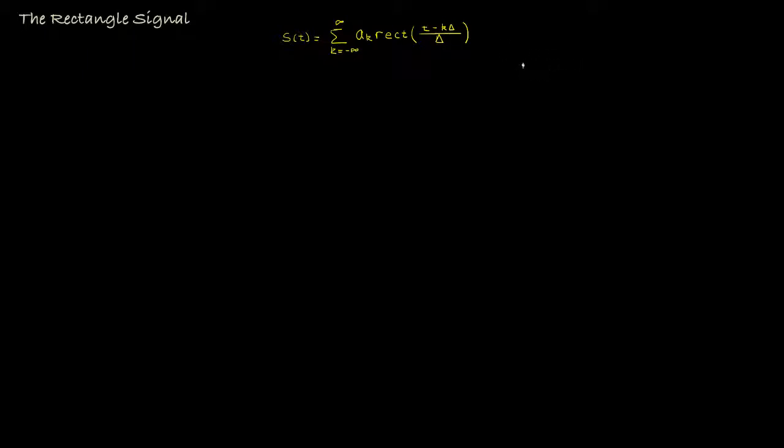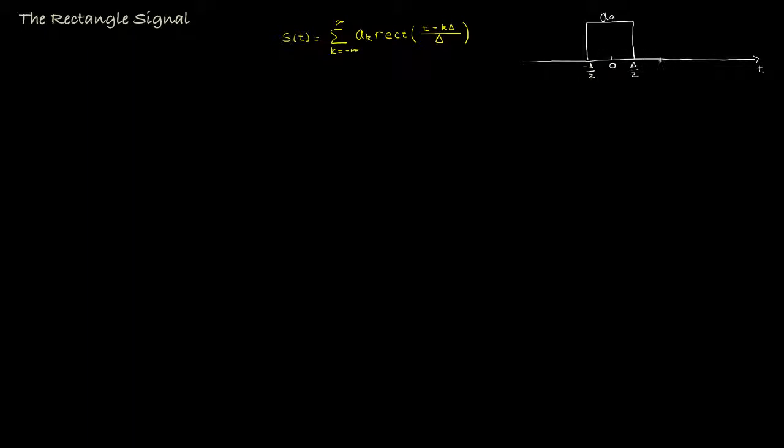So let's take a look at what a segment of this signal might look like in time. When k is equal to 0, our rectangle is going to be centered at 0. It's going to have some height a0, and it'll extend to delta over 2 in that direction and negative delta over 2 in this direction.